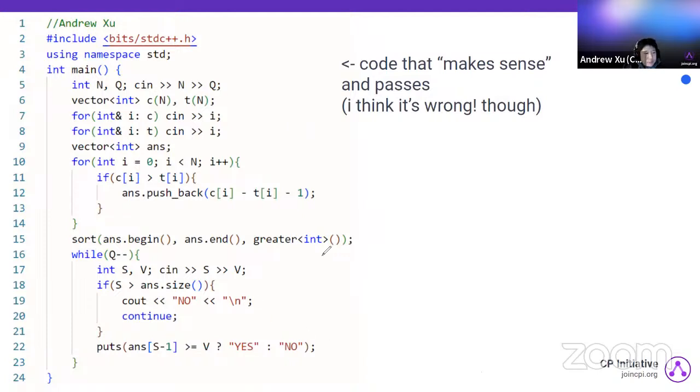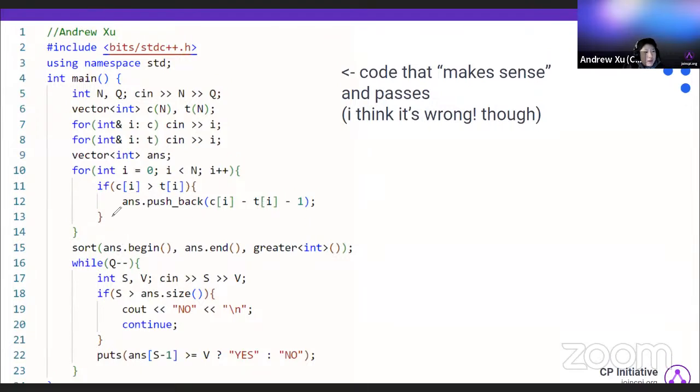So here we get all the differences, and then we sort it from greatest to least, and then if the answer at index minus 1 is greater than or equal to the barn count she wants to visit, we output yes, and if not, no.